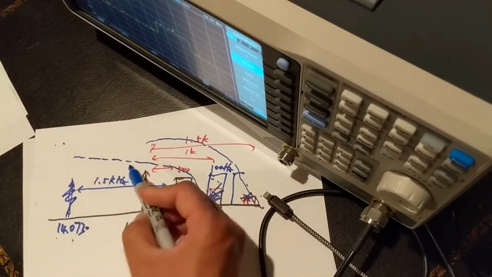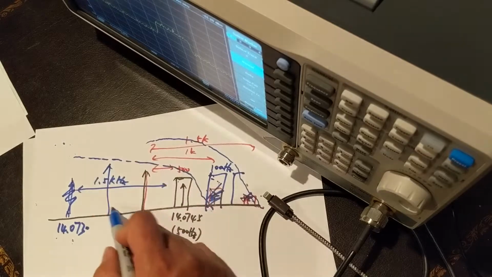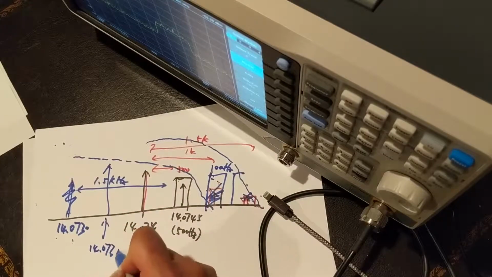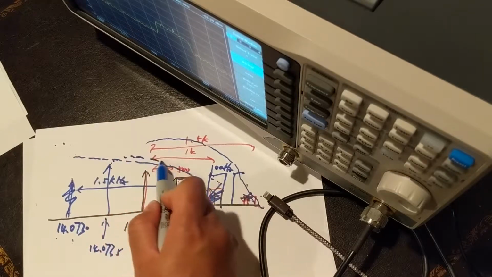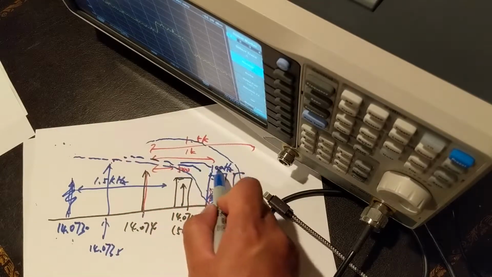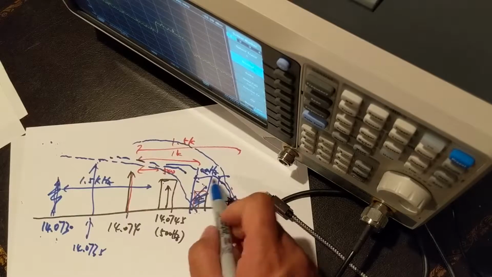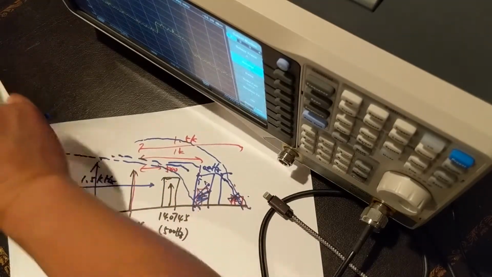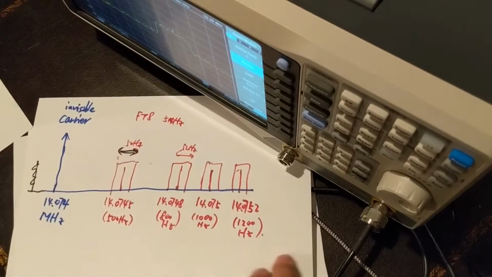Instead of doing that, I shift it by only 500, so it becomes 14.075. Then the band filter will cover this one but filter out the harmonic. So this stays.